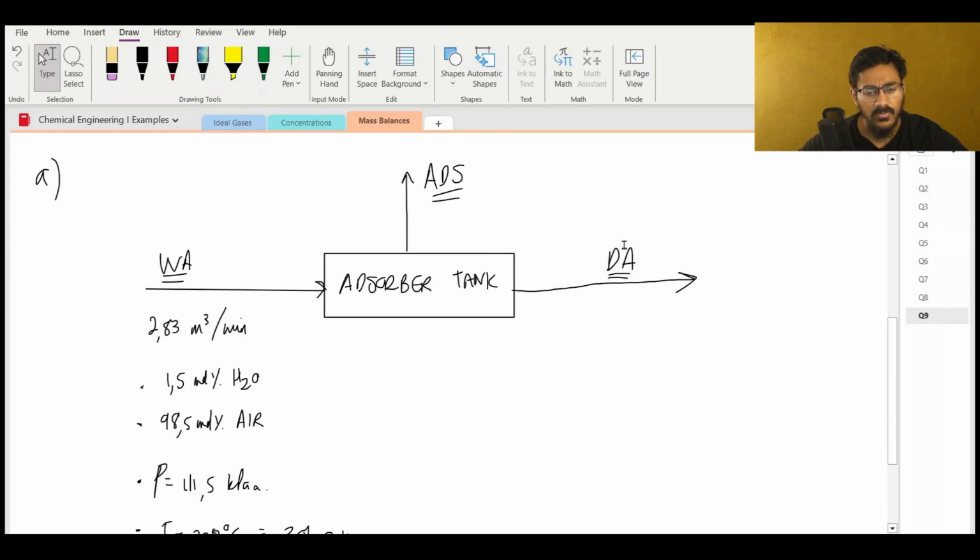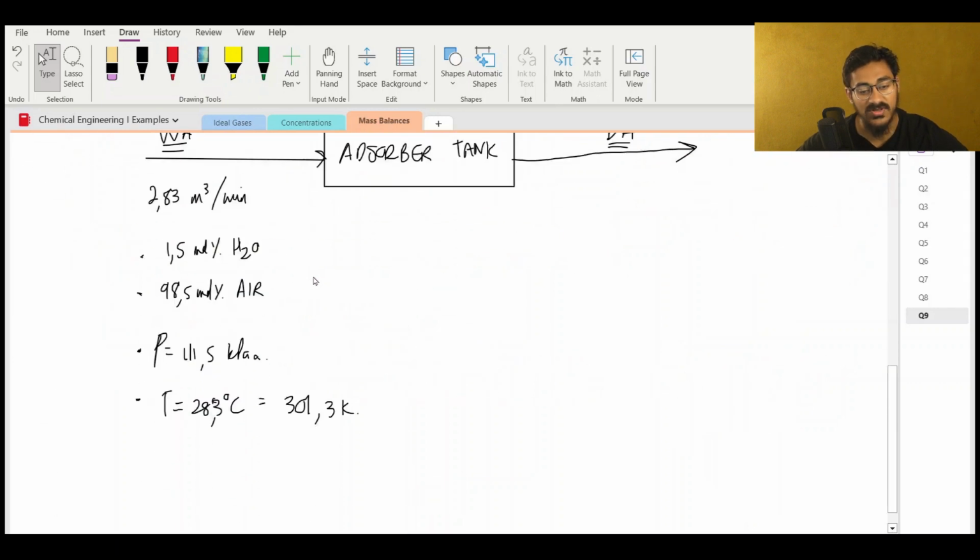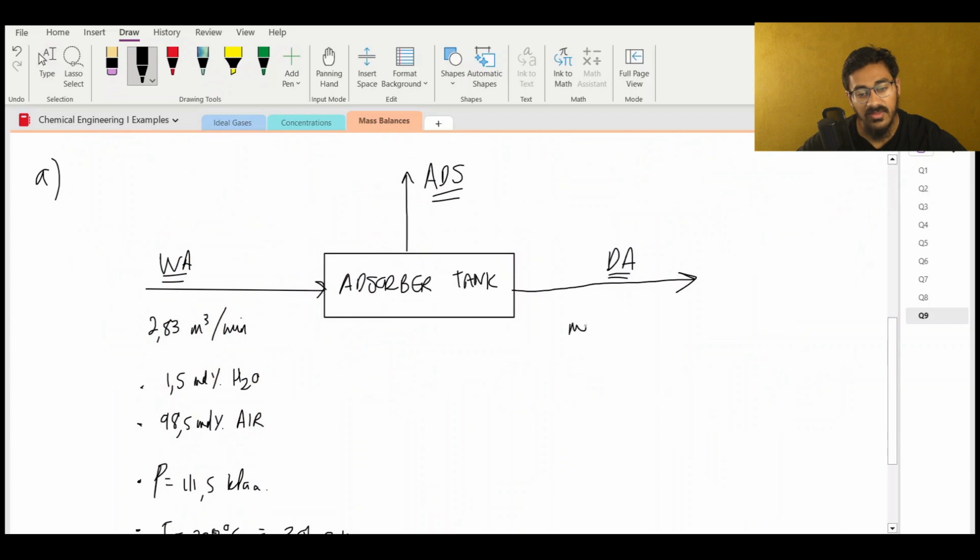Now, we've got a dry air stream. The only thing I know about the dry air stream is that it was very dry, remember? 0.06% water. So I know that the mole percentage of water equals 0.06%.